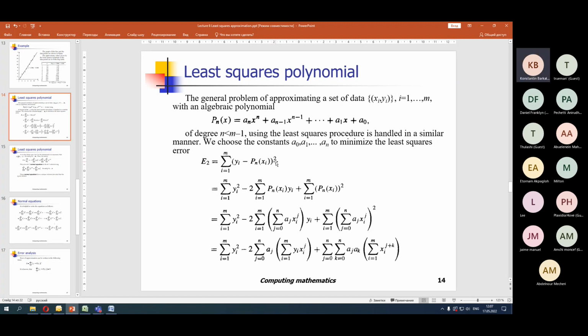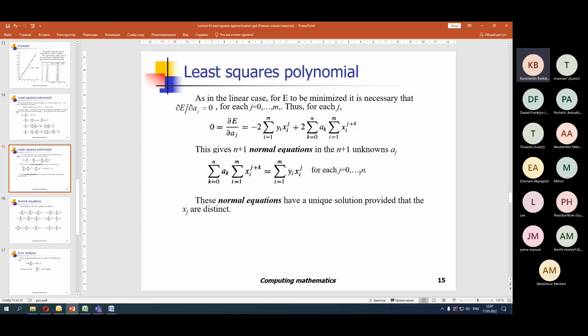And after some simplifications, I skip it. Usually I describe these simplifications on the board, but now we have an online lesson. I cannot write it on the board. And the situation is exactly the same.